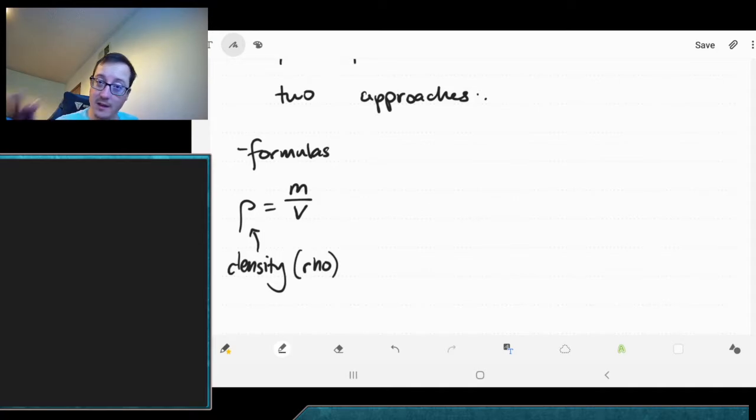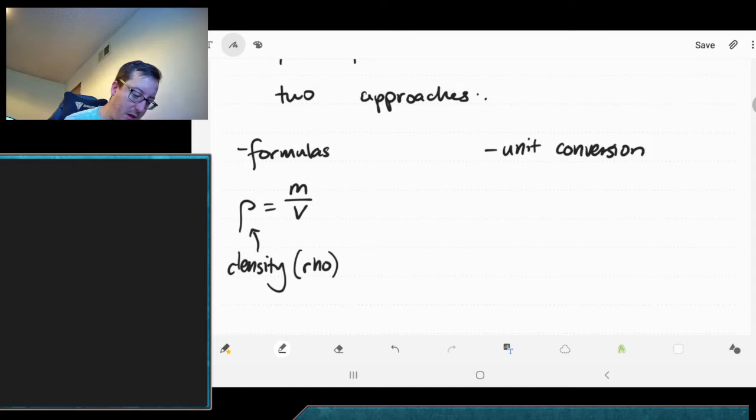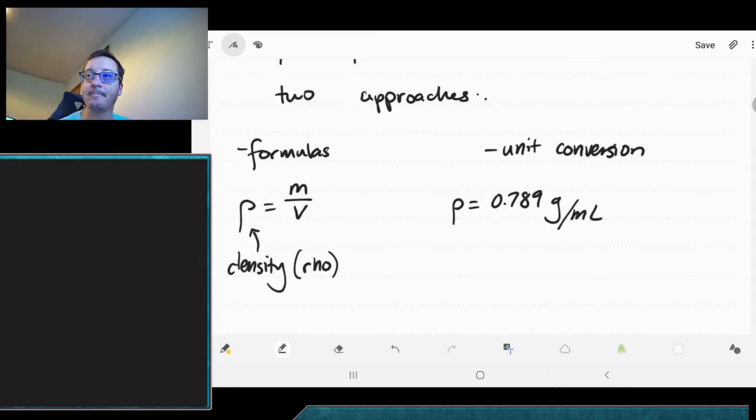The way I like to do it, but again, you're totally free to choose whichever way works best for you, is to treat everything like this as a unit conversion. For example, let's say you have a density equal to a number like this. And hopefully by now, having at least looked at the worksheets, you might be more familiar with conversion factors being anything that has more than one unit, right?